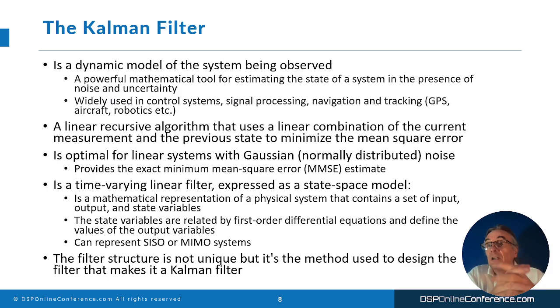We might have a simple system with just 1D position, or multiple inputs and outputs, position, speed, in fact, multiple dimensions in space, 3D, etc. The Kalman filter itself is not a unique structure, but it's the method used to design the filter that makes the Kalman filter the Kalman filter.